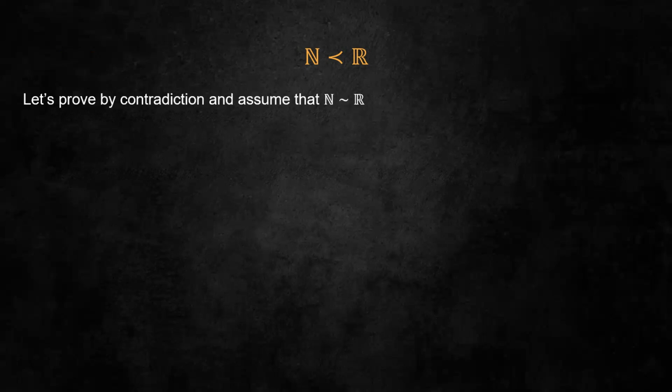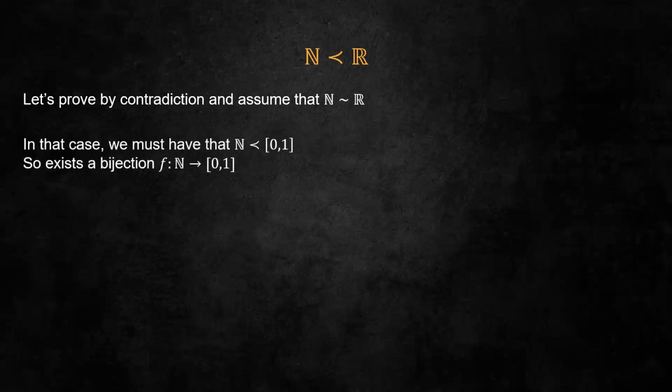And the way we're going to prove this is by contradiction. We're going to assume that they have exactly the same amount of numbers. And if they have the same amount of numbers, then, sorry, that is not a domination, that should be an equivalence.